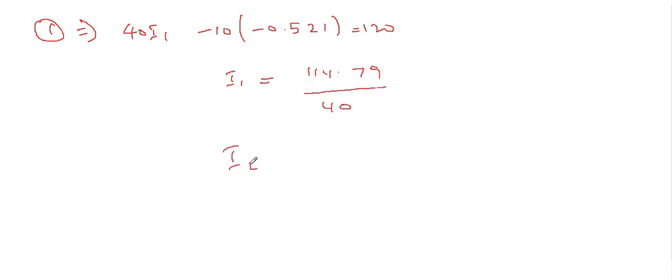Therefore I1 will be equivalent to 2.86 ampere. So now we have solved this problem using the equation method. Now let us try the same problem using the inspection method, and we will compare the answers for I1 and I2.